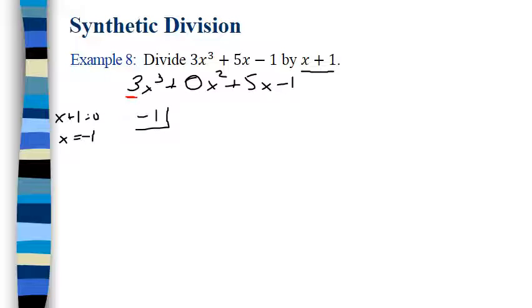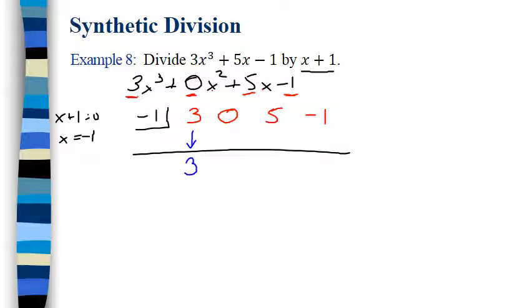So 3, 0, 5, -1, and I'm going to check. 3, 2, 1, constant. Okay, so now my synthetic division is set up and I'm ready to go. I drop down the first coefficient, so that's 3. Then I'm going to multiply -1 times 3 is -3.